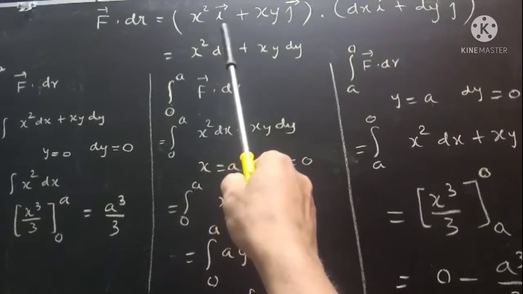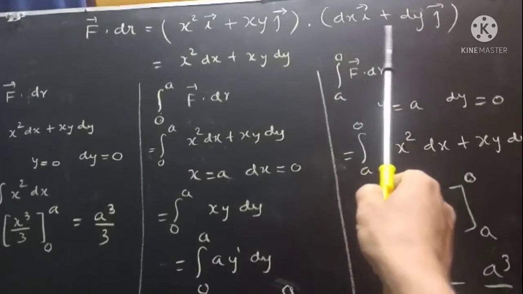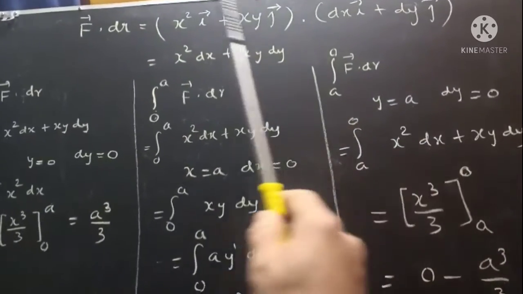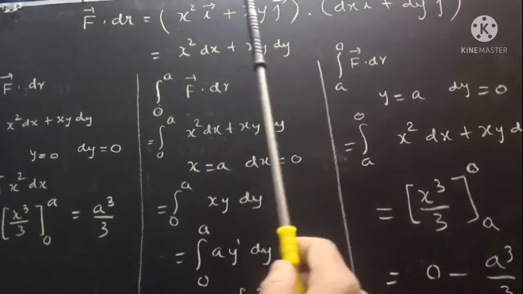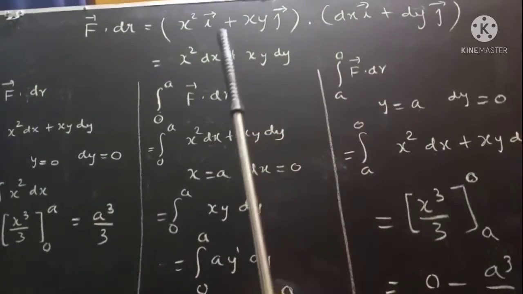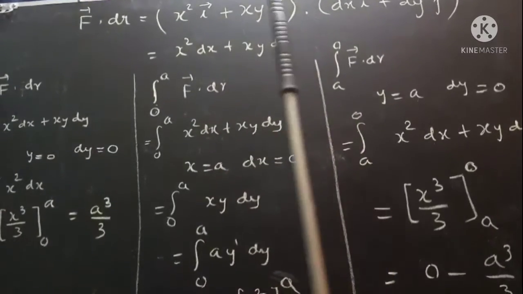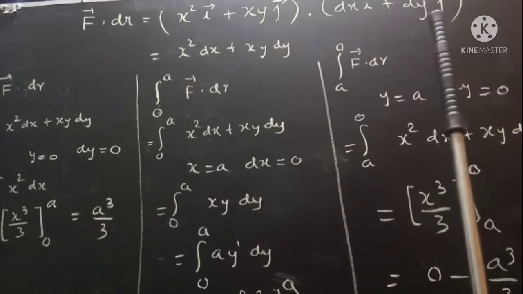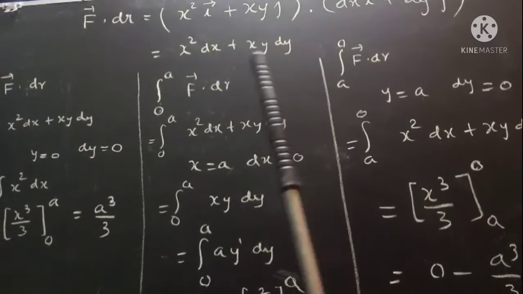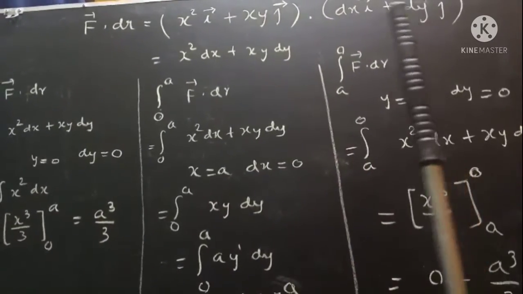F vector is x square i vector plus xy j vector, dot dr vector dx i vector plus dy j vector. Dot product: x square into dx, since i dot i is equal to 1, and j dot j is equal to 1, xy into dy. So f dot dr is x square dx plus xy dy.